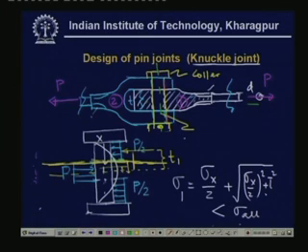If the material is a ductile material, then we have to use the other theory of failure criteria, namely the maximum shear stress.